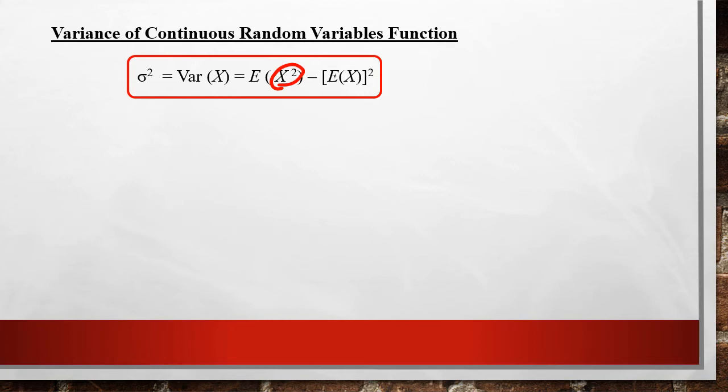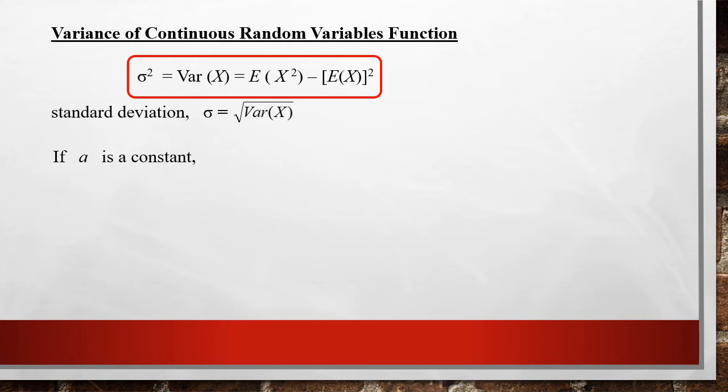So this is the same formula as for the discrete random variable. For the continuous random variable, we also use the same formula, but the way we find the expected value is different. So we just have to apply the properties of expected values to get the variance.